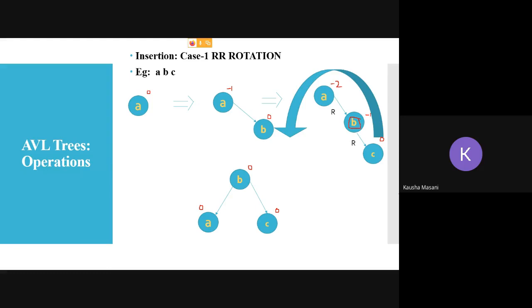RR rotation. Clear? Everybody. What is the trick here? Understand and remember. You have to select the median value or median element to be the parent or the root node. It is RR rotation, that means you have to pull that median value in such a way that rotation will happen on the left side.